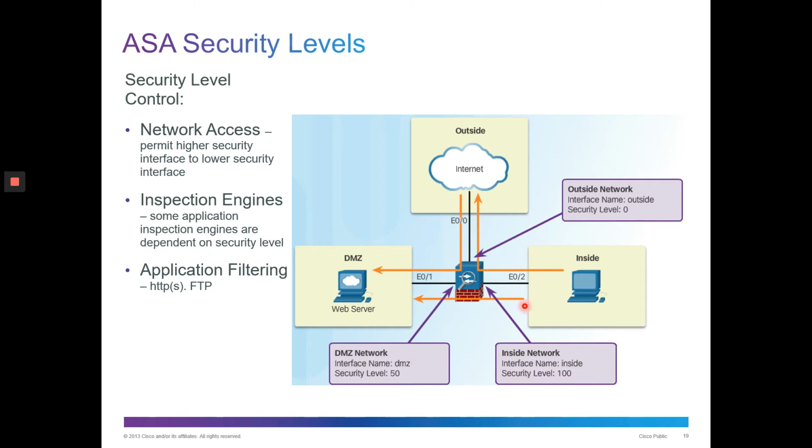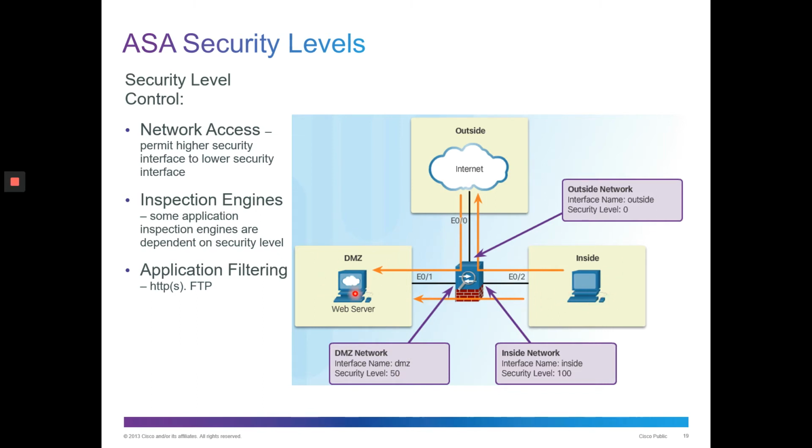So what happens here is that a network with a higher security level can have access to anything underneath. For example, this is 0, it can access this one as well. This is 50, it can access this one. But the lower numbers cannot go to the higher ones, for example here.